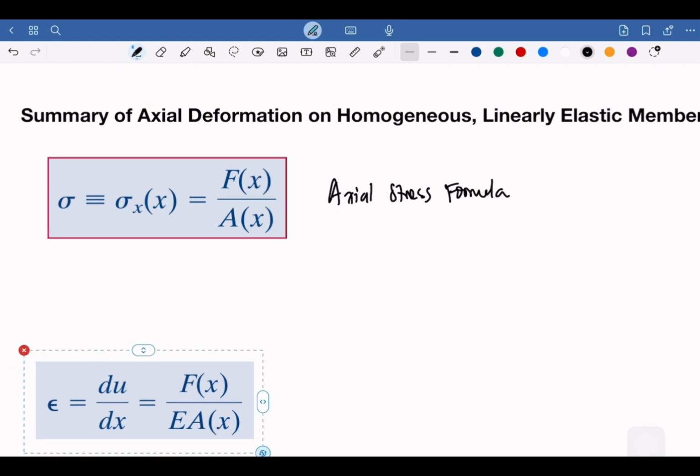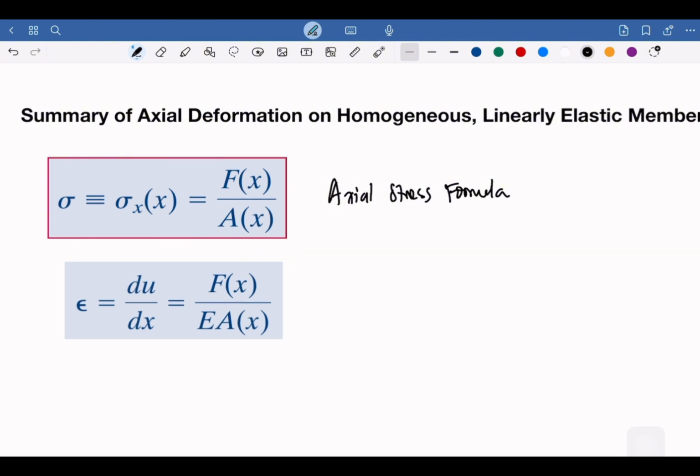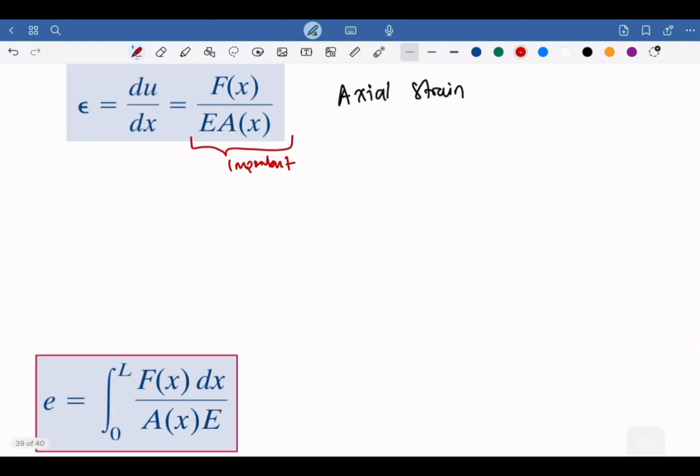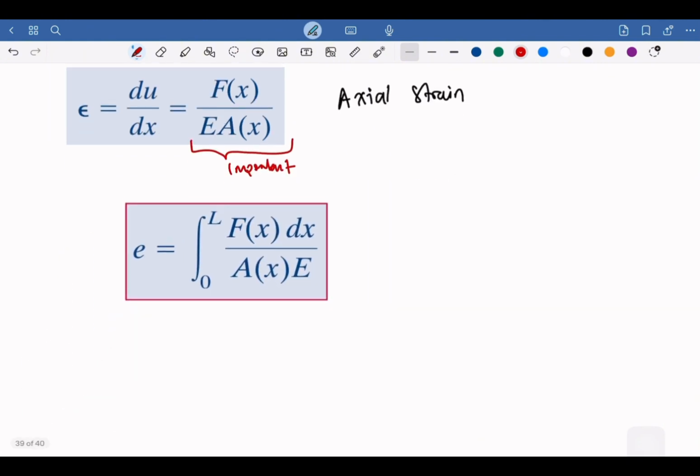And then we have the axial strain. And this is really important here. Okay. And then, I will say this is important. And then we can write from these two cases.